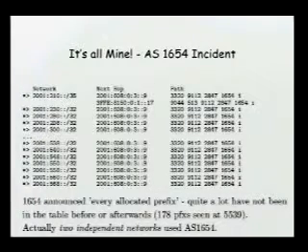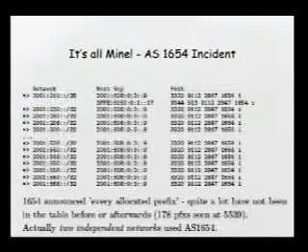Gert's not really sure how they did this, because if they were redistributing it a couple of times from one protocol into another, they would still only be re-advertising routes that actually existed in the routing table. But there are routes that were never seen before or since this incident, and he's not really sure how they did that. But that was one of the big spiky things in the graph.